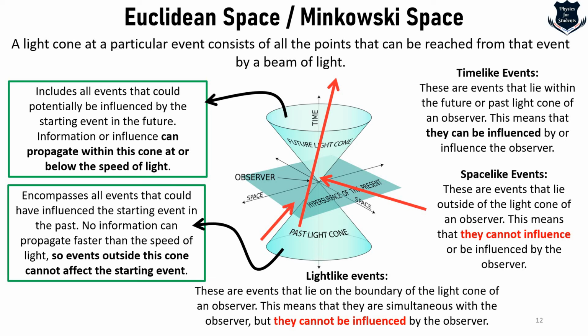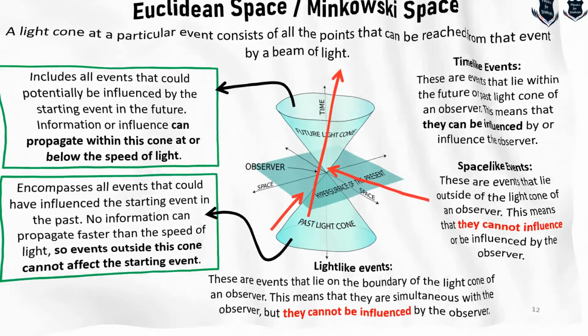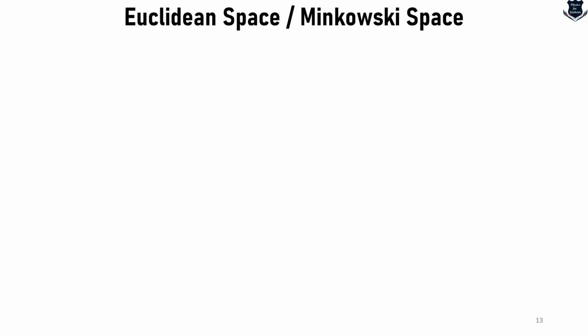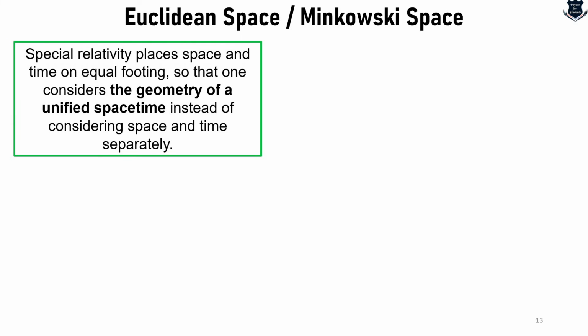Now, in order to summarize what we understood about the hyperboloid model and Minkowski space, let me give you some salient points. First, special relativity places space and time on equal footing. So the geometry is a unified one, instead of considering space and time separately.